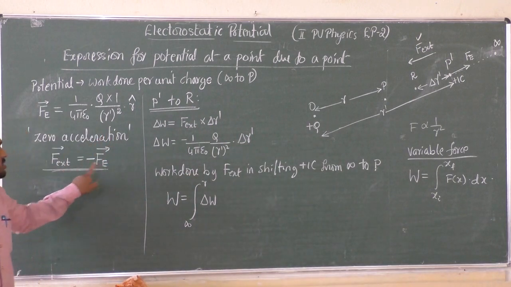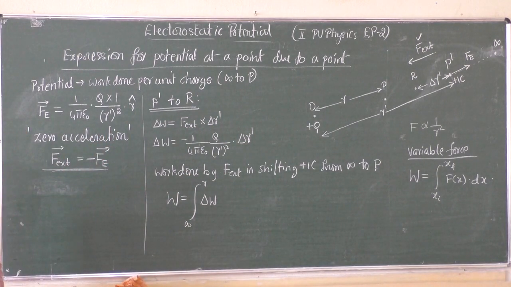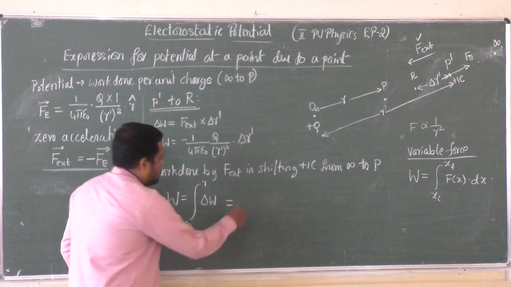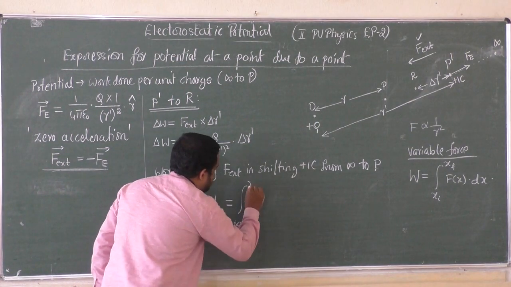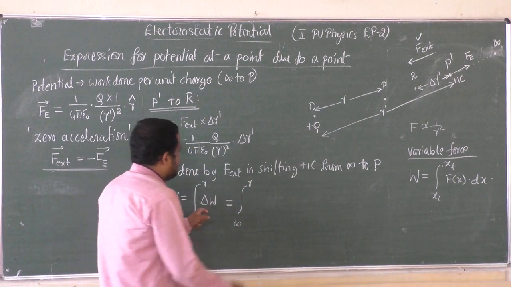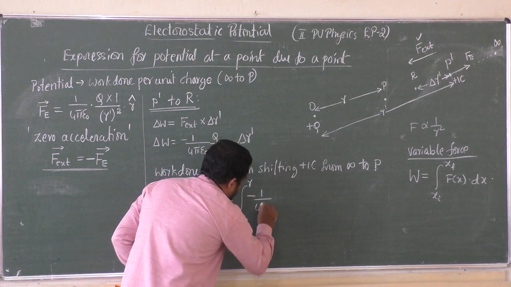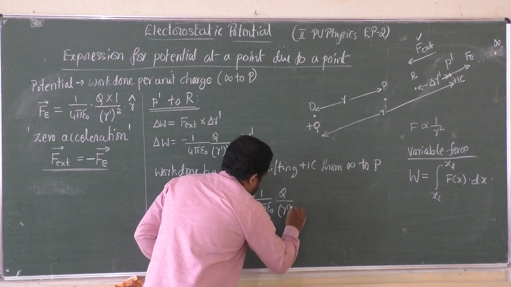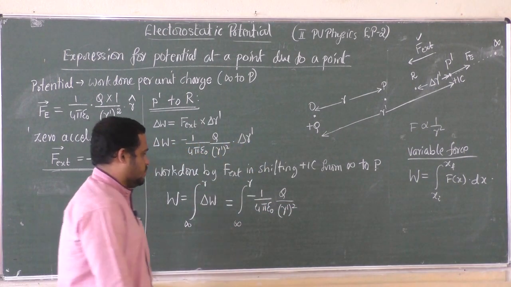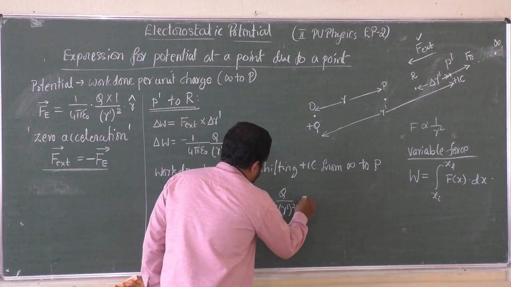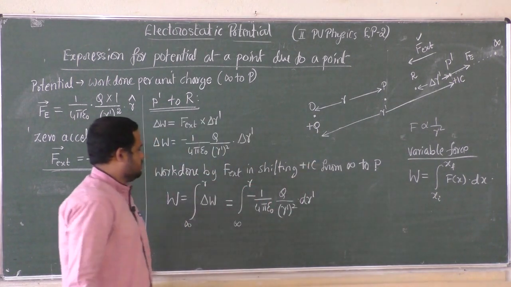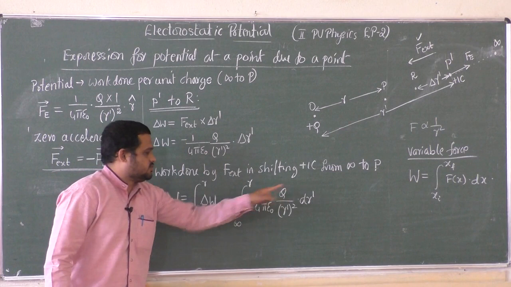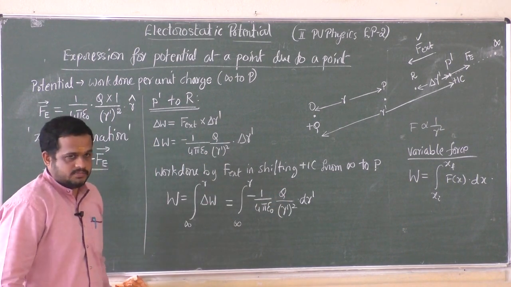Because of this, F external is equal to minus F electrostatic. Substituting the values, delta W is the integral from infinity to r of minus 1 by 4 pi epsilon naught Q divided by r dash square into dr dash.